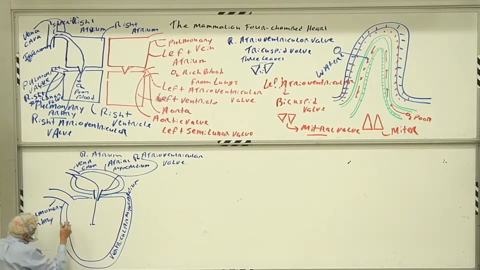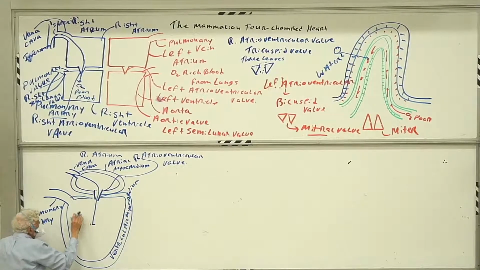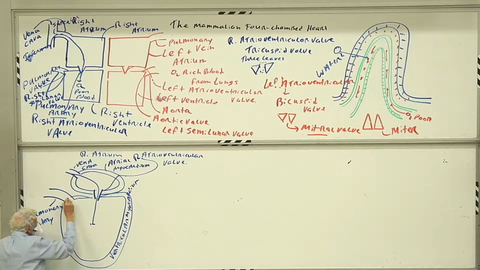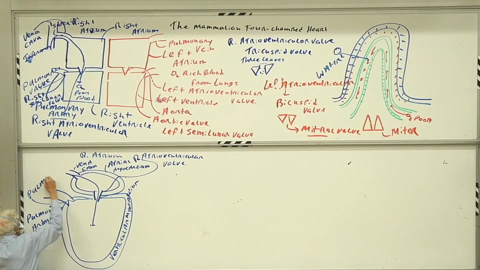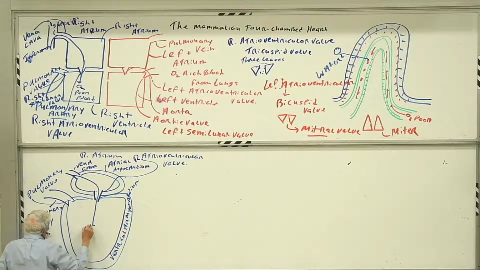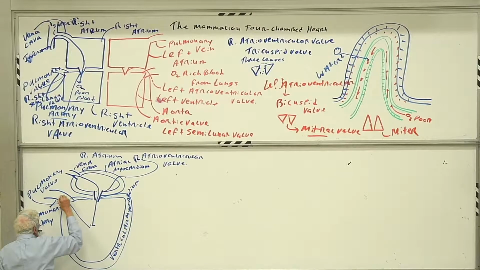And at the interface between the chamber and the opening of the tube is this valve, which is the pulmonary valve. And this valve, when it's open, will allow the blood to flow out.